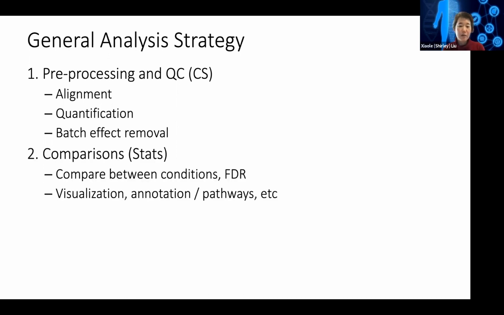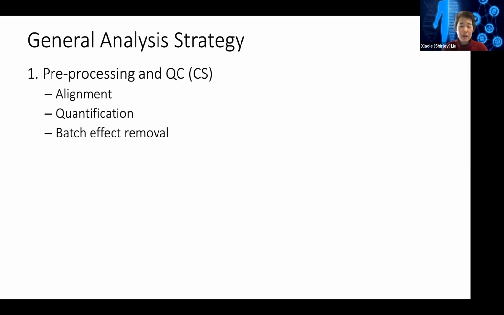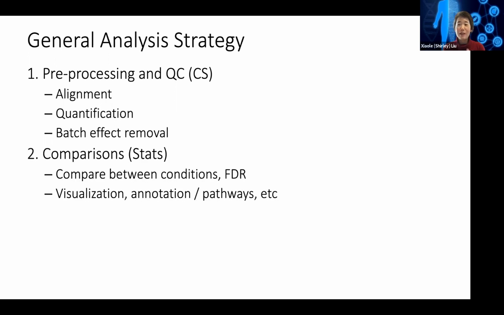The second step is really more, I would say, so by the way, the first step potentially is also more computer science related. Well, I guess batch effect is more statistics, but alignment, just doing counting, these are usually just CS. But in the comparison, you're dealing with more quantitative issues, right? Batch effect is also quantitative. You're dealing with comparing numbers, and that's when statistics become more important.